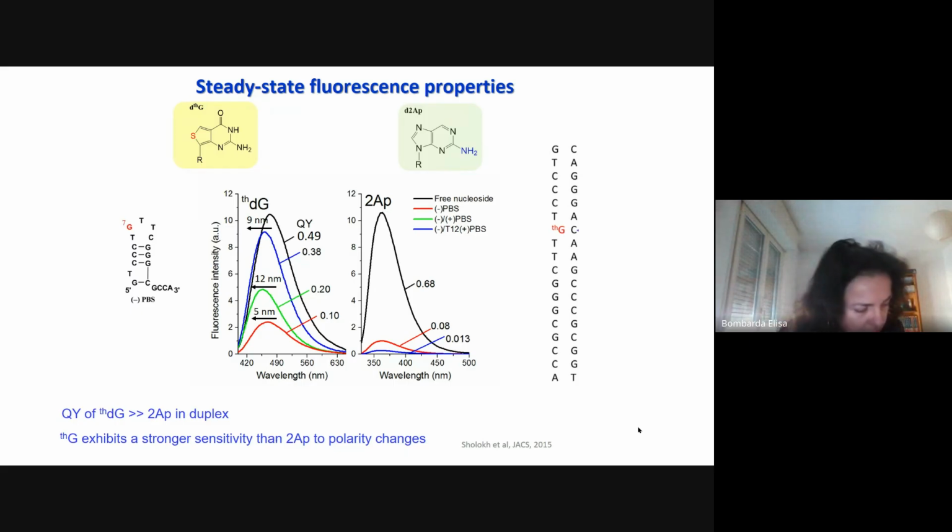So what I want to say is that it is better, you see, it is actually much more fluorescent than 2-aminopurine, and it is also more sensitive to polarity change, because the shift in the wavelength is more pronounced.